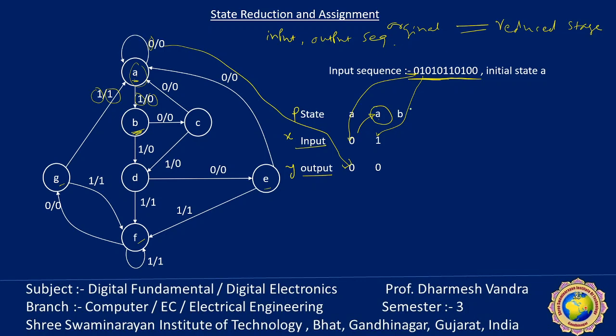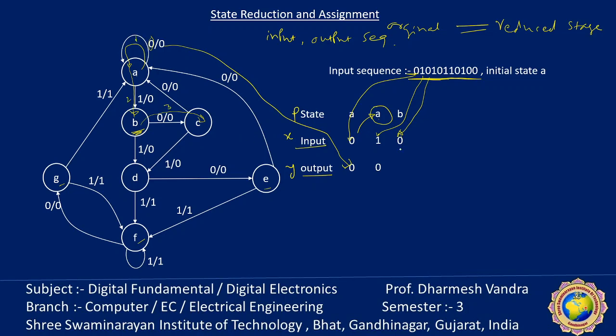Now the third input is zero. If B is there and input is zero, that means it diverts to C. So at the initial state it was A, the first input, then the second, and now this is the third input.